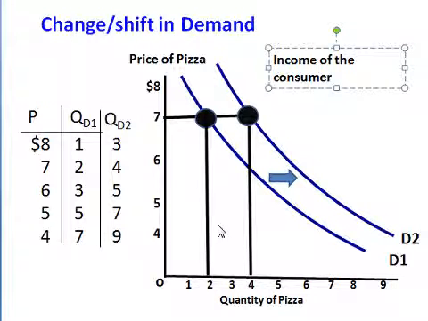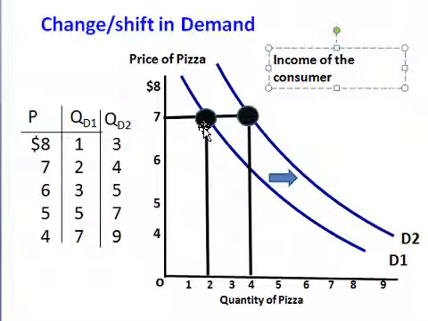But suppose at this point the income of the consumer goes down, and at the same time the price of pizza also goes down. So in this case, does demand for pizza shift left?